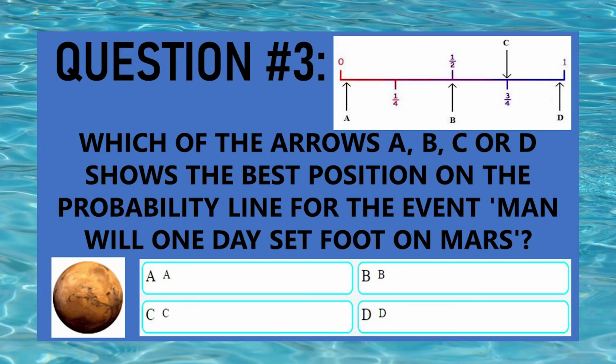Question number 3. Which of the arrows A, B, C, or D shows the best position on the probability line for the event: man will one day set foot on Mars?